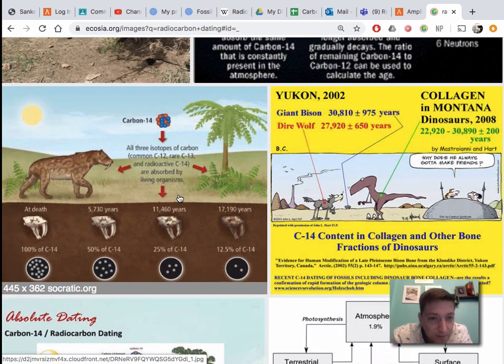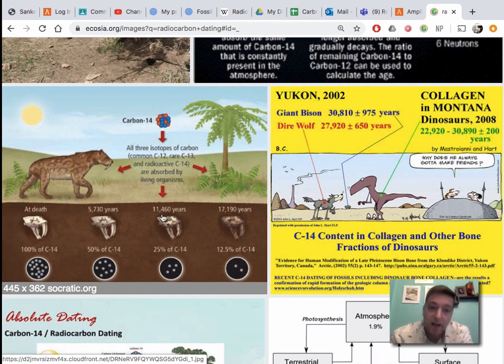If a saber tooth tiger dies, when it dies, it still has 100% of the carbon 14 that it had when it was living. But because it's not living anymore, that carbon 14 starts to decay. After 5,730 years, you have 50% of its original carbon 14.